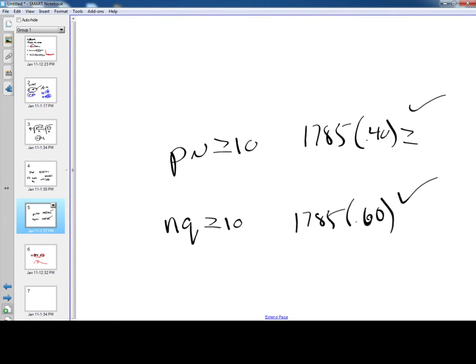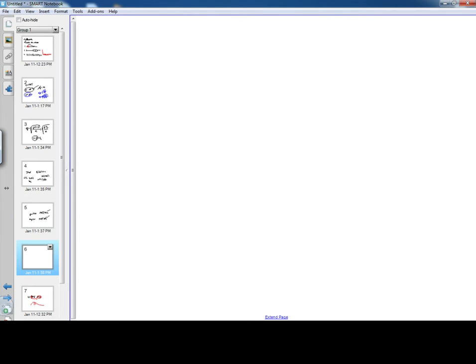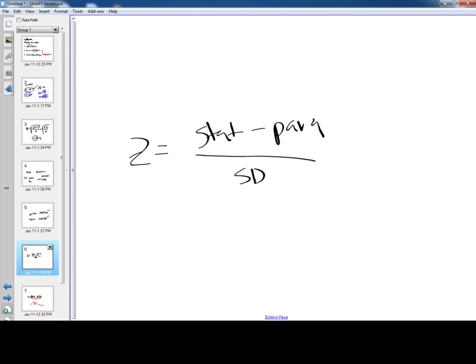Find the probability of obtaining a sample of 1,785 adults in which 44% or more say that they attend. So they actually want to find out the probability of getting these results we just got. So that means that I'm going to need a z-score. And to get that, I need a statistic. Is it stat minus a parameter over the standard deviation of that parameter?